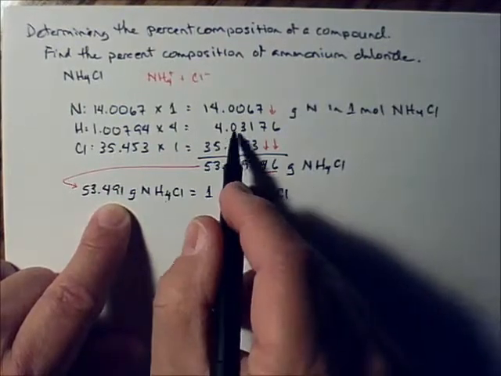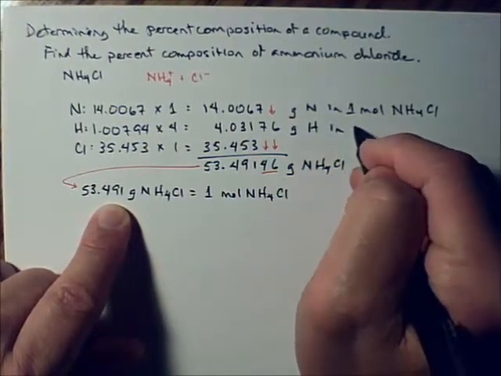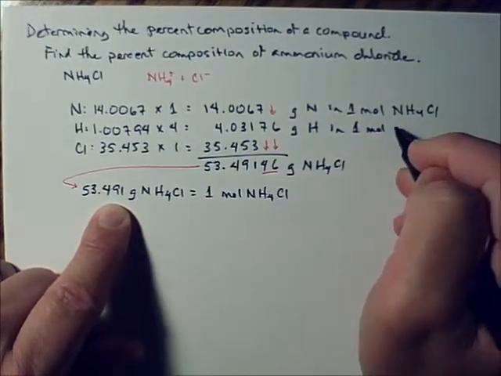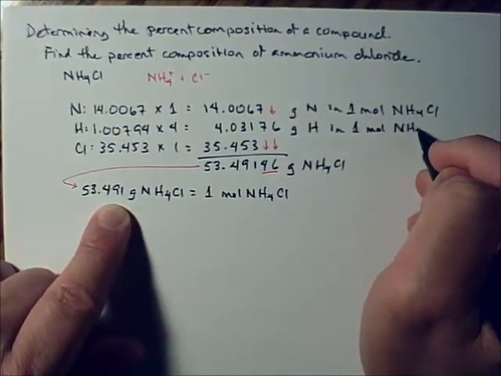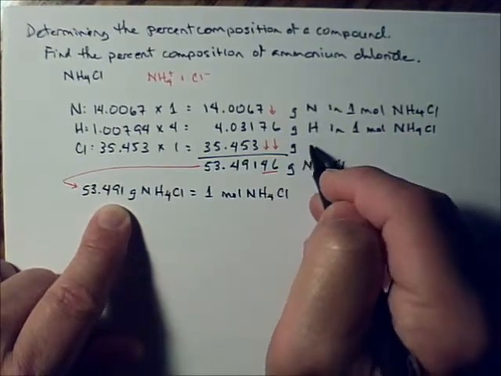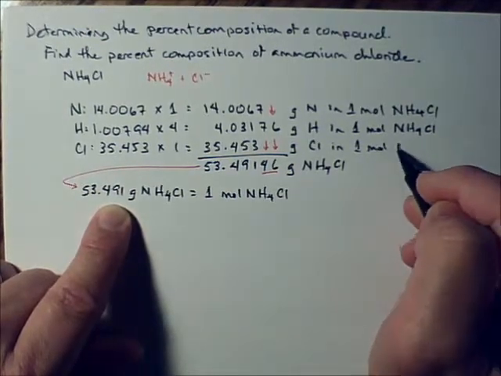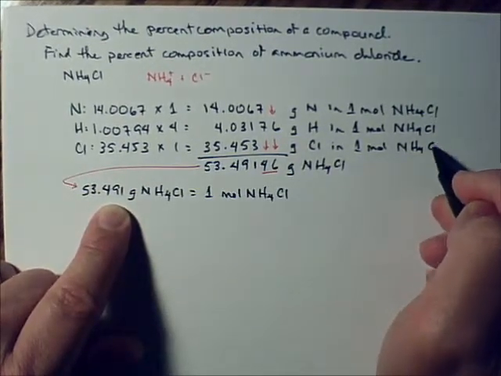And this happens to be the mass of hydrogen in 1 mole of ammonium chloride. And this is the mass of chlorine in 1 mole of ammonium chloride.